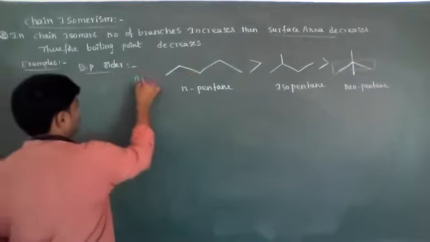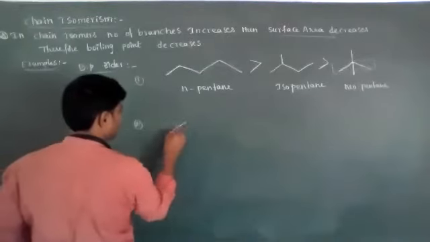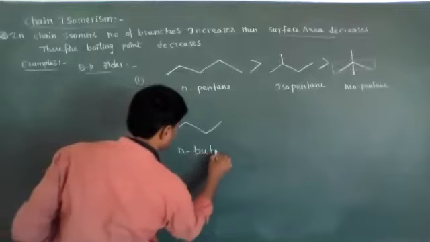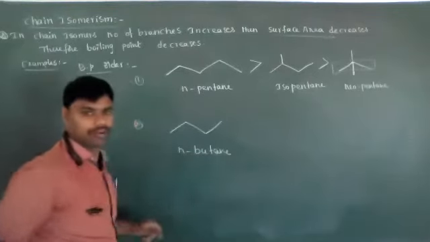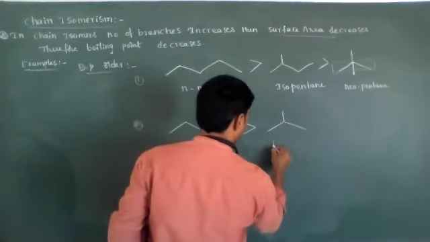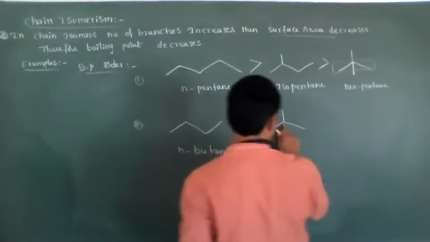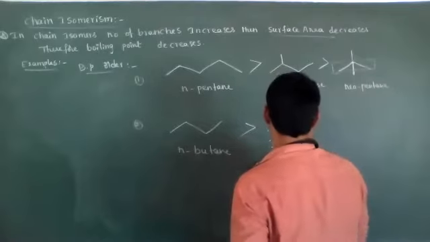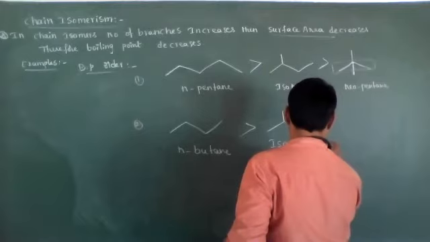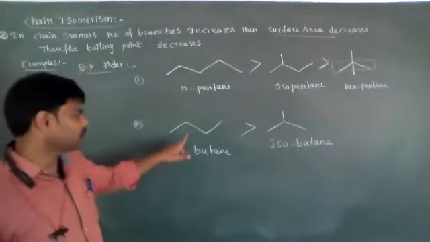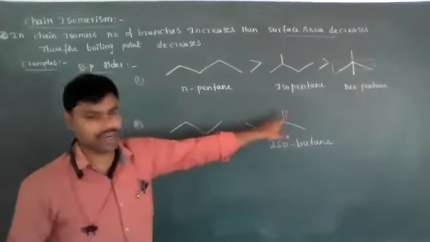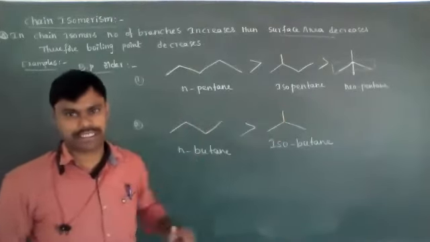And one more example. This is n-butane, which has more boiling point when compared to isobutane. Because n-butane has no branches, but isobutane has one branch, meaning one methyl group substituent.